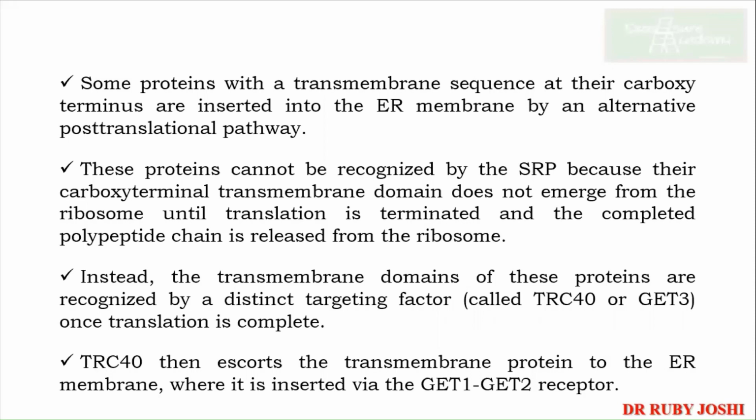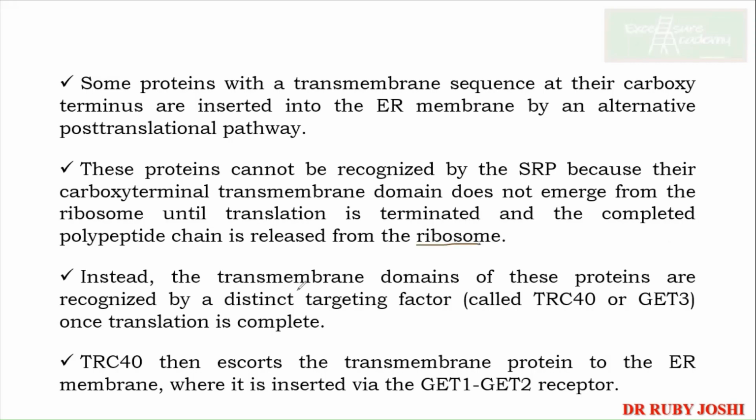That means the protein has been synthesized, it is present in the cytoplasm. Now these proteins need to be translocated into the ER membrane. How will that happen now? So for that we have got a different set of proteins. Okay. So these proteins cannot be recognized by the SRP because their C-terminal transmembrane domain does not emerge from the ribosome until translation is terminated and the completed polypeptide chain is released from the ribosome.